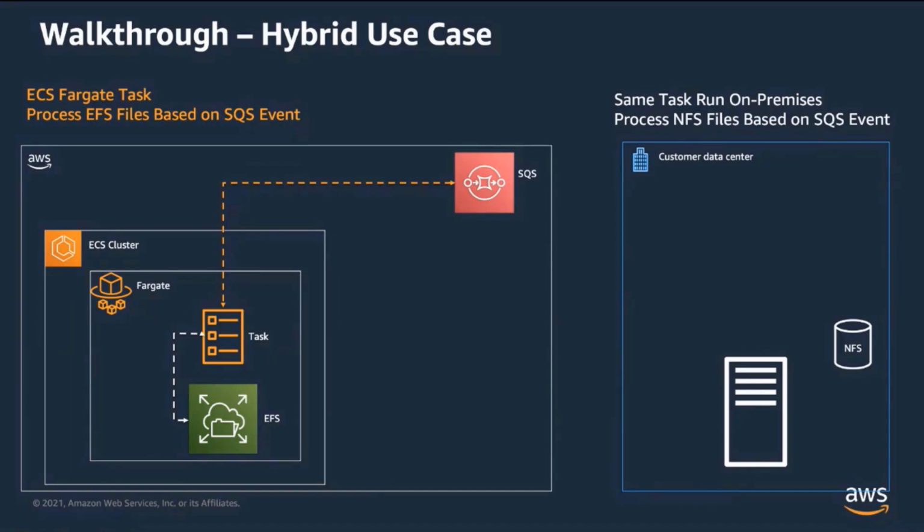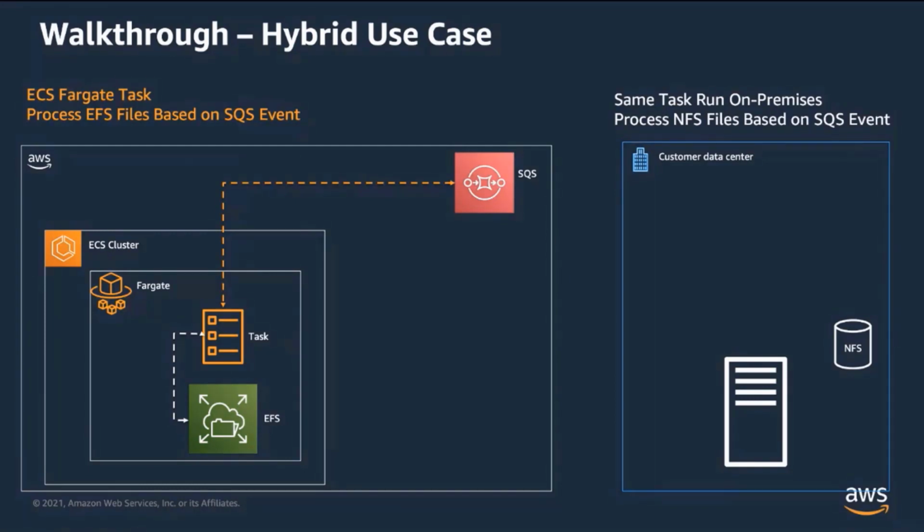Okay, so a task which takes a file, does some processing, puts it in a destination folder, based on an SQS event. Now, let's say, imagine a scenario that you have a data center and you are dealing with some sensitive data, which you can't, at least for the time being, take to the cloud. So you want to have the same task, same process workflow, but you want to analyze the files that are in an NFS share in your data center.